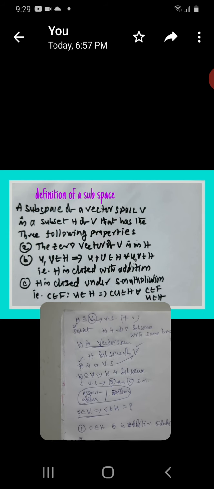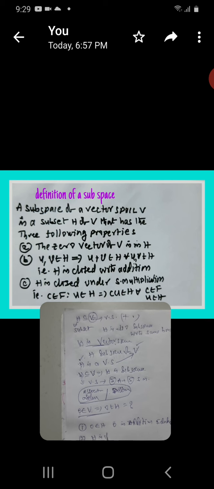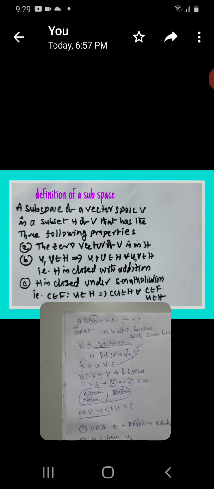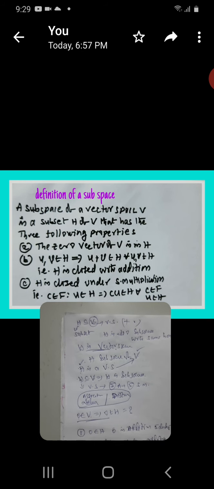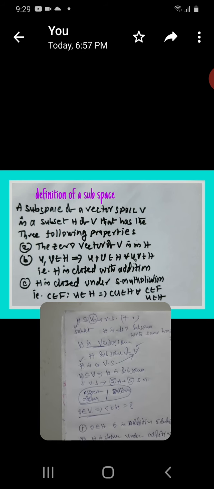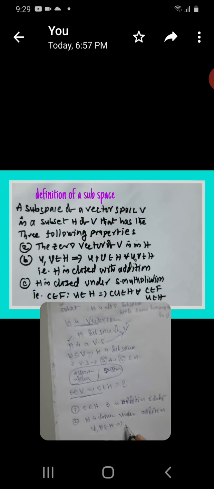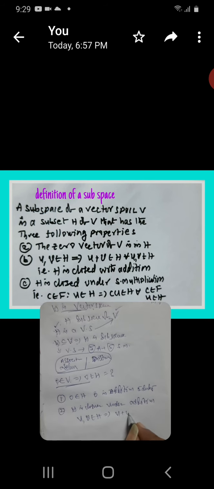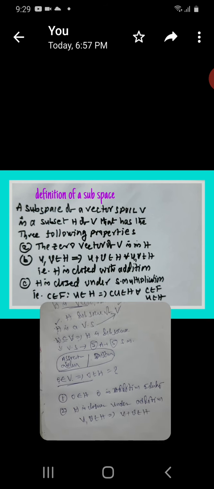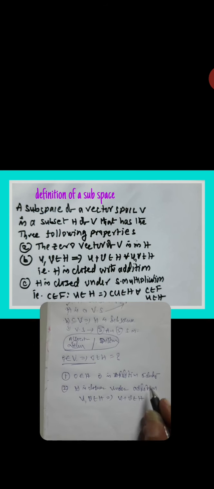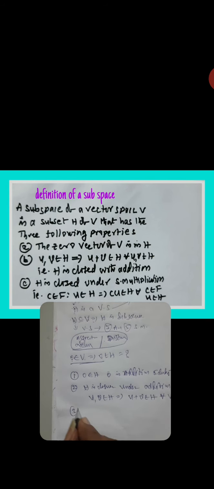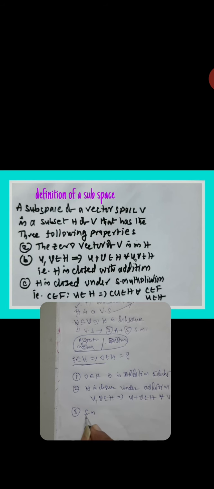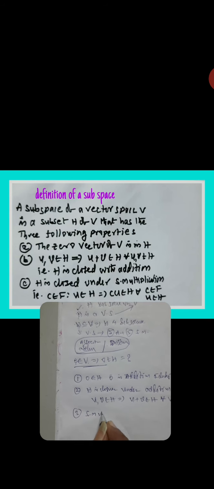Now the second one is that H is closed under addition. Under addition, if u, v are elements of H, that implies u plus v is also an element of H, for all u, v in H. Similarly, third, SM closure, the scalar multiplication closure property, must also be satisfied.